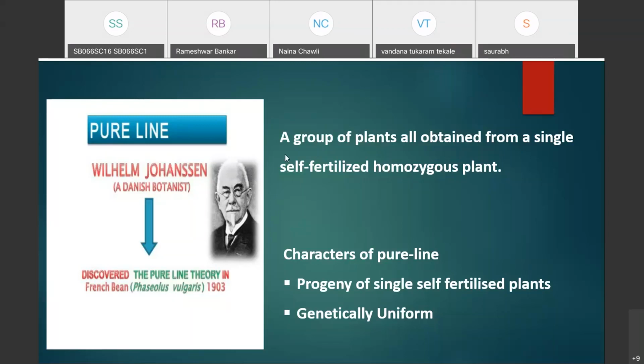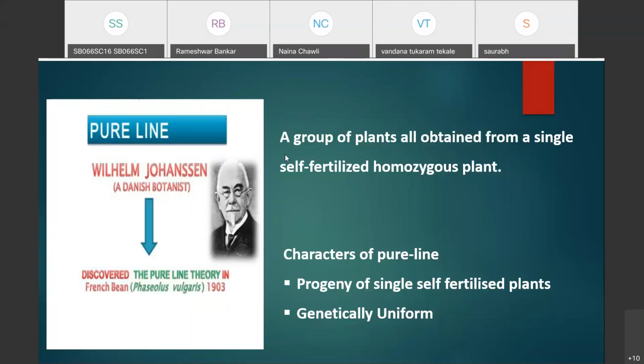Okay, these are the characters of the pure line. Pure lines are obtained by selfing or by crossing genetically identical plants. Thus they are genetically identical, and phenotypically uniform except some minor differences which arise due to variable environmental conditions.